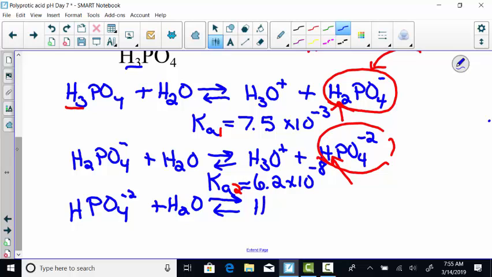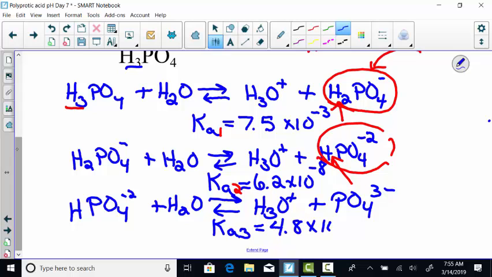So I'm going to get yet another H3O plus and PO4 3 minus. And since this is yet another Ka, this is Ka3. And that Ka happens to be 4.8 times 10 to the minus 13th.